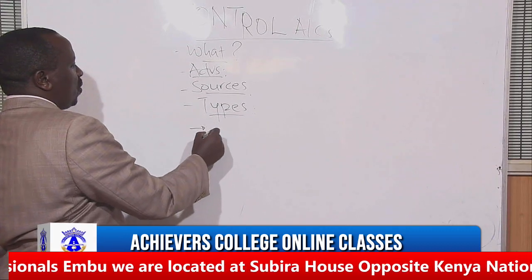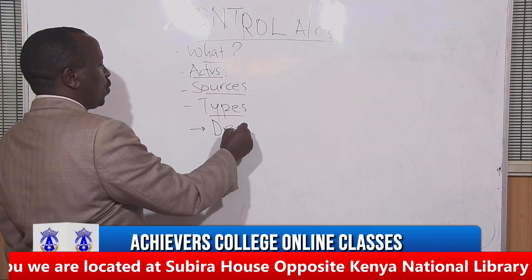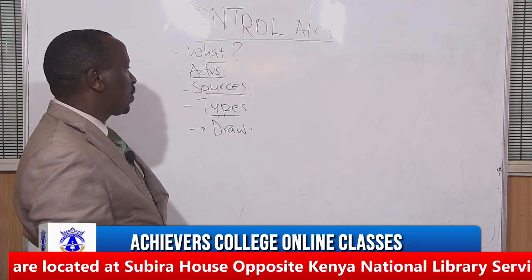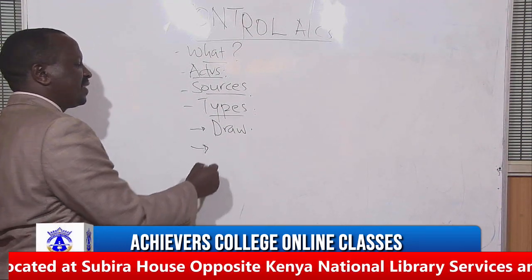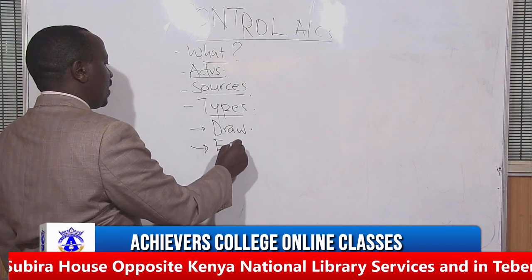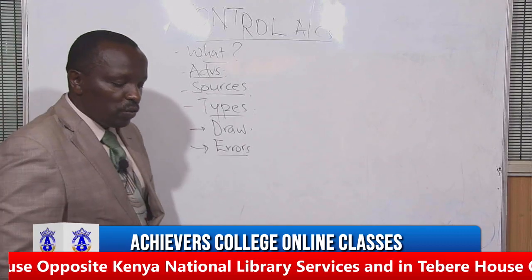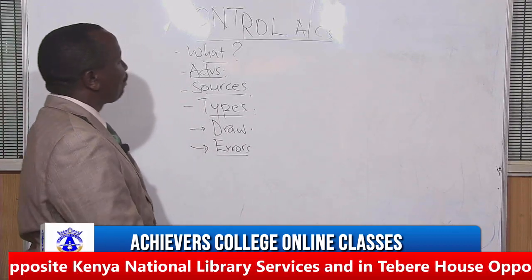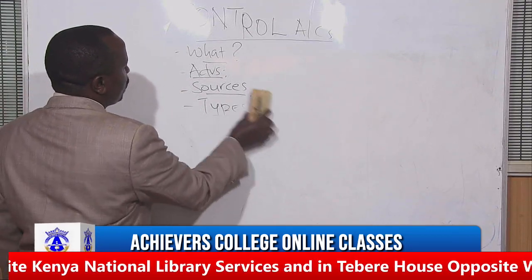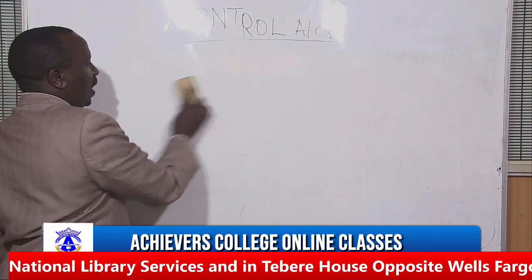We also need to know how to draw control accounts. And the last thing, before I forget, is dealing with errors as far as control accounts are concerned. Now, we need to begin with the meaning of control account.